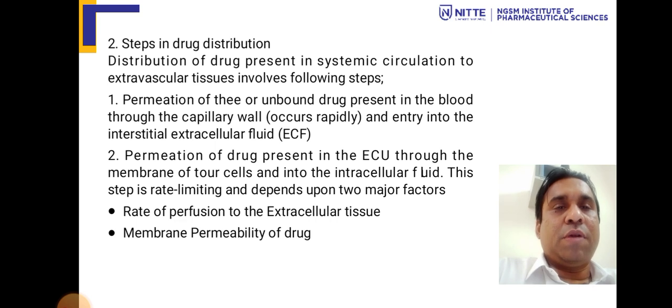Second, permeation of drug present in the extracellular fluid through the membrane of cells and into the intracellular fluid. This step is rate limiting and depends on two major factors: rate of perfusion to the extravascular tissue and membrane permeability of drug.